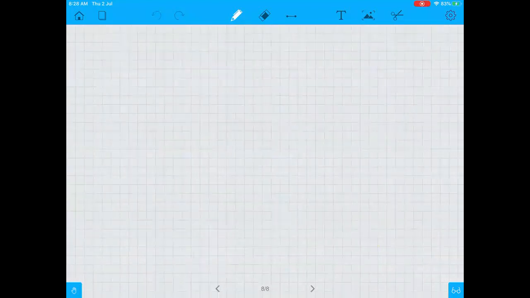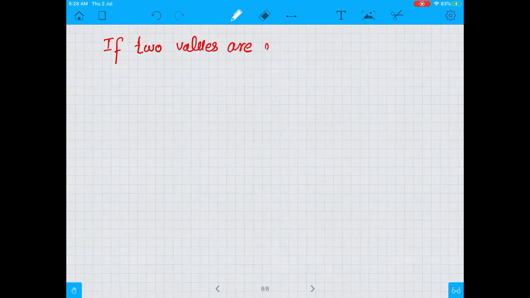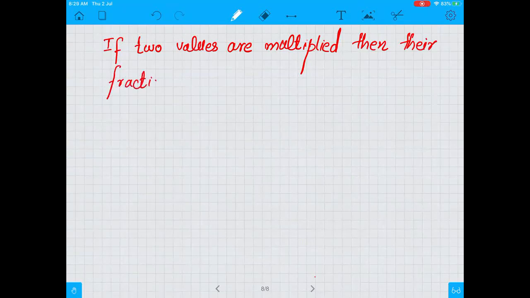Basically, what we have proved is that if two values are multiplied, then their fractional uncertainties are added.